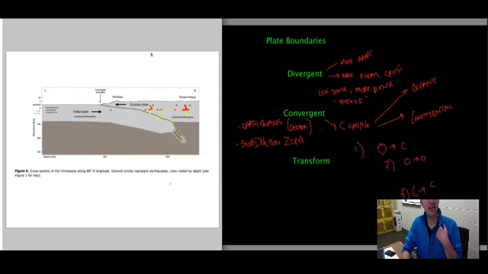Okay, so here we're looking at continental to continental, and we're going to see some very similar things as before. We don't have as much of a trench here because we're dealing with two things that are about the same density, much harder for them to push under.